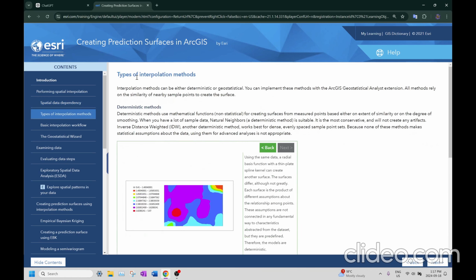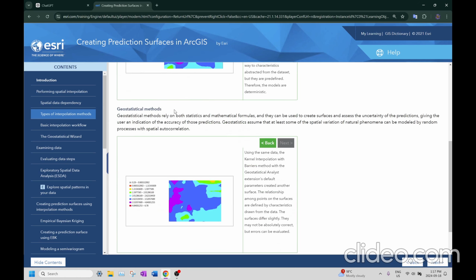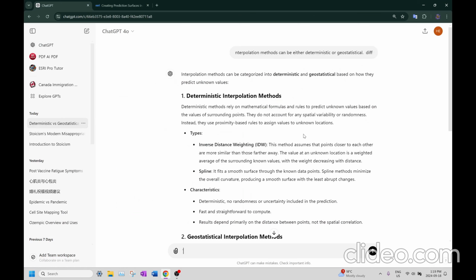So there are two different interpolation methods. One is called deterministic methods, another one called geostatistical methods. The difference is deterministic interpolation methods only run on mathematical formulas and rules to predict unknown values based on values of surrounding points. They do not account for any spatial variability or randomness. They only use proximity-based rules to assign values to unknown locations.